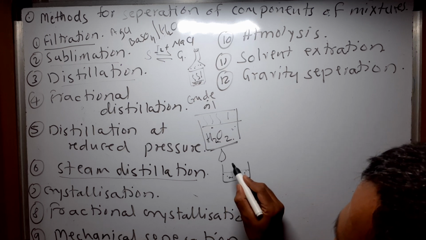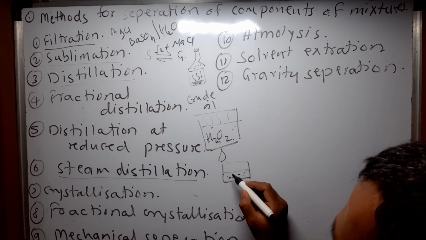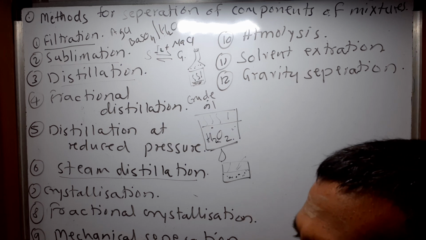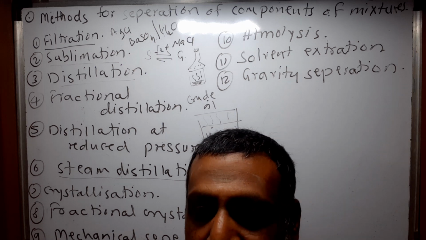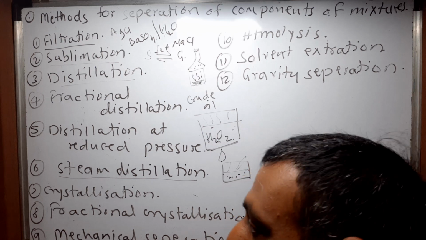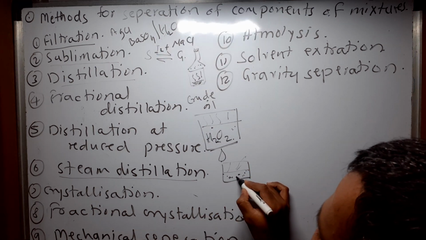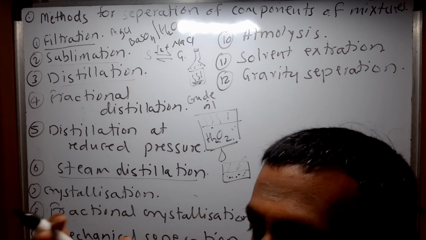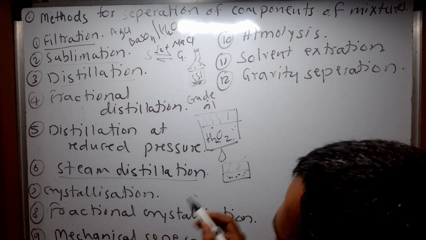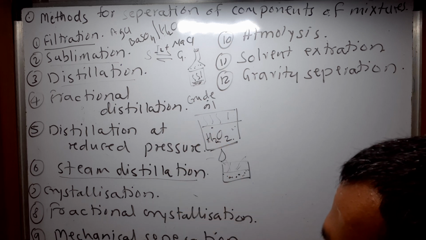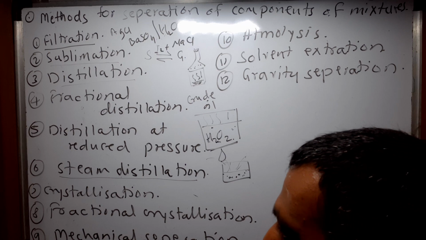We heat this mixture in a flow of steam. When the steam and the mixture come in contact, the component, say sandalwood oil, gets mixed with the steam and comes out along with it. Only the sandalwood oil comes out, and from the water we can separate it again. So that's steam distillation.